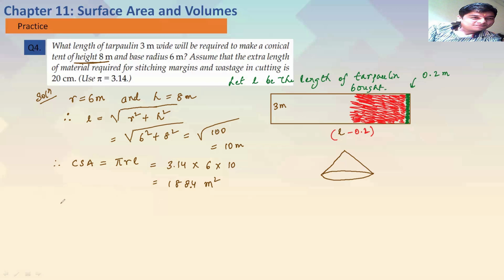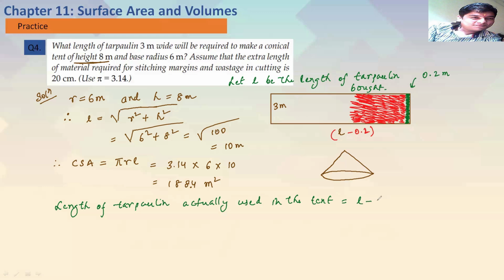So length of tarpaulin actually used in the tent is equal to L minus 0.2.